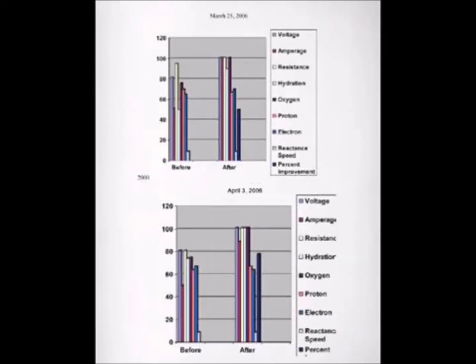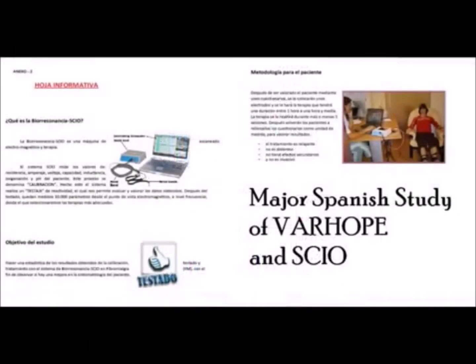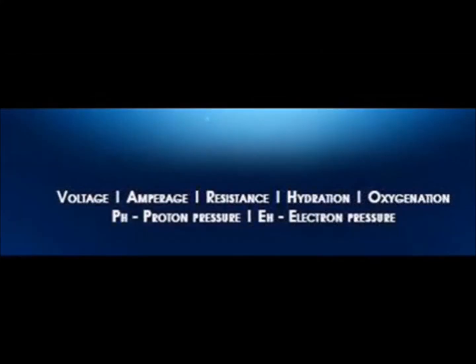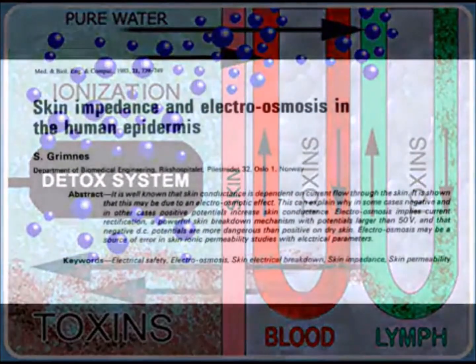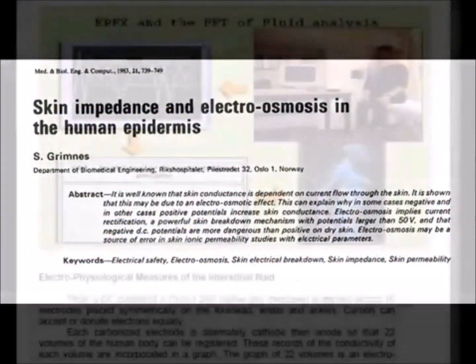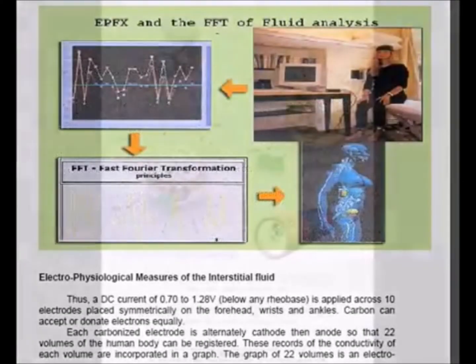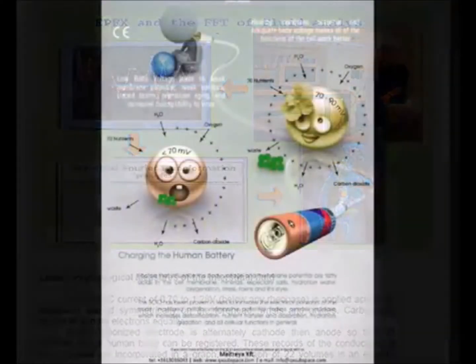Since the pH is a measure of negative charges versus positive charges, we can now get an electrical measure of the different parts of the body and get a pH score or an EH score, proton or electron. So thereby we have the idea of Varhope.